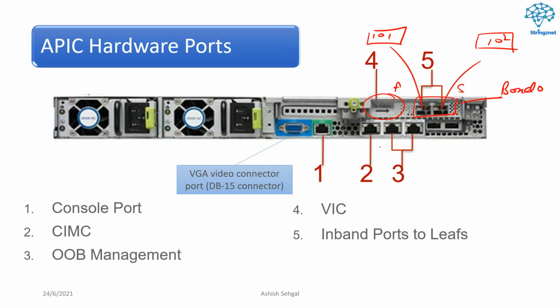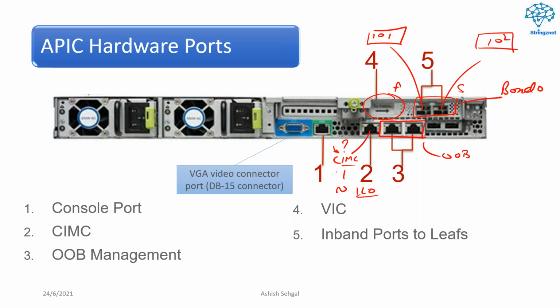Then we have the ports over here. These two ports closer to each other are our out-of-band management interfaces. The port next to it is our CIMC, which is analogous to the iLO port in our HP servers. Integrated Lights Out, and this is Cisco Integrated Management Controller.